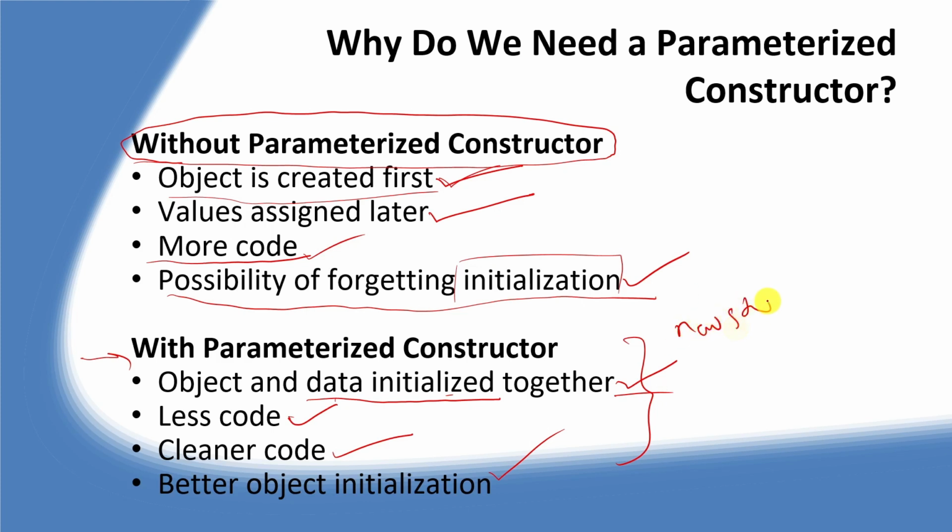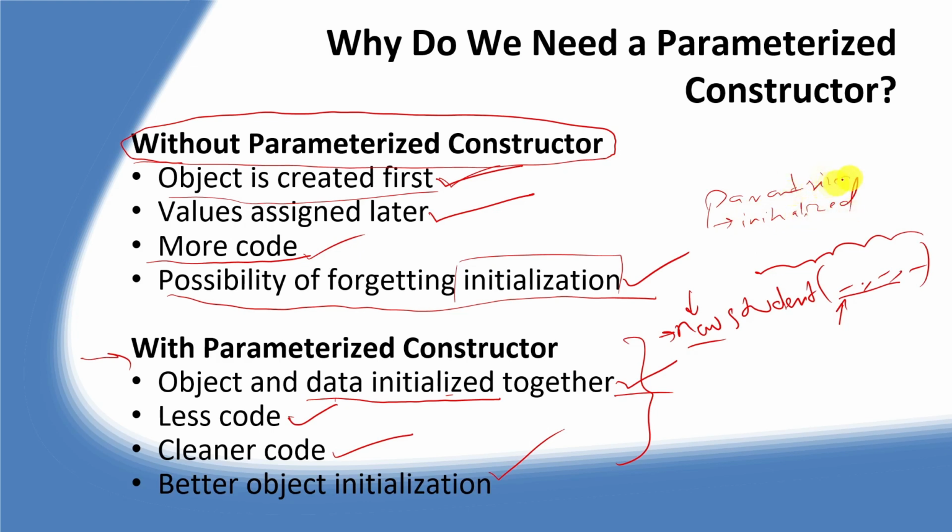While creating the object, we will use syntax like new Student, and we can pass whatever values we want in the parameters. These values will go into the parameterized constructor, and during object creation, the data will get initialized. So we should follow the parameterized constructor.